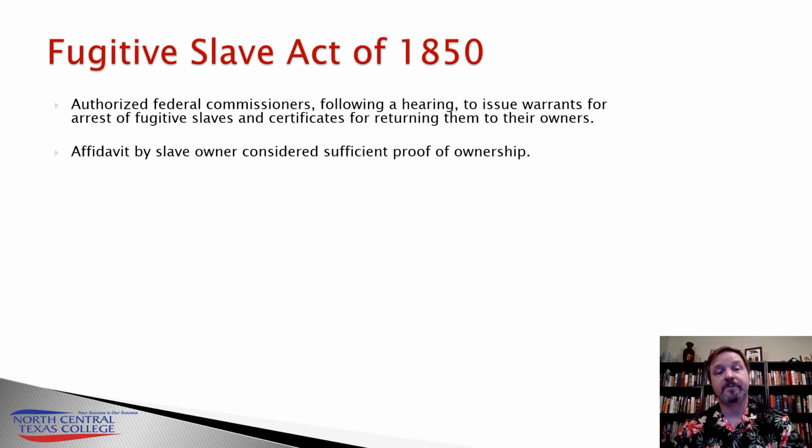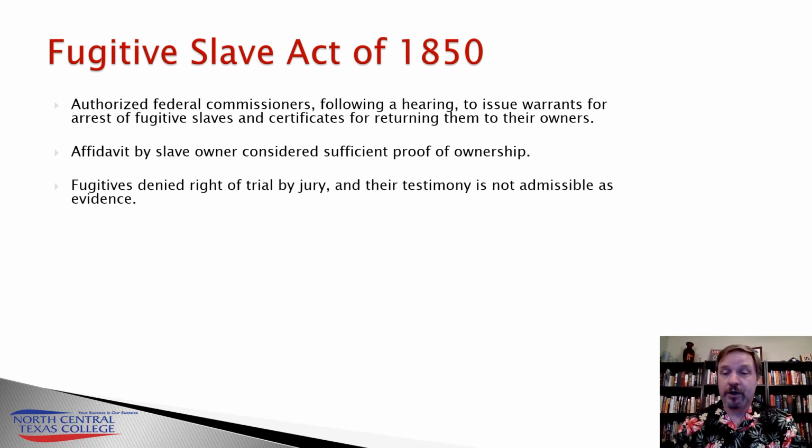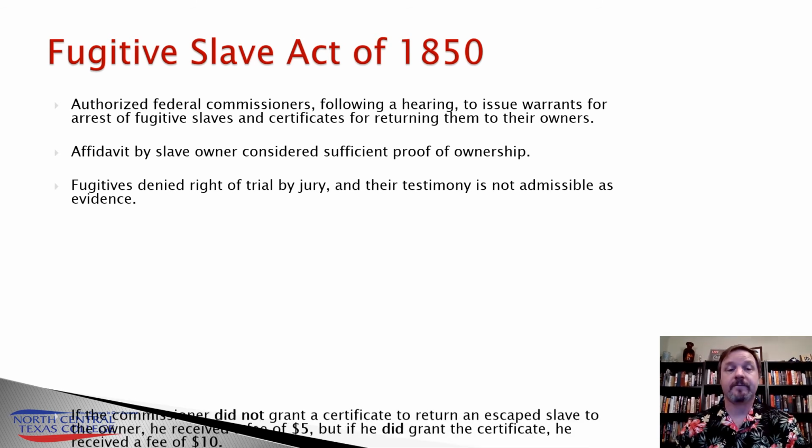But it gets worse. The accused fugitive does not have the right to a trial by jury, and their testimony stating that I am not a slave, or escaped slave, is not admissible as evidence. They're not allowed to defend themselves. But it gets worse.